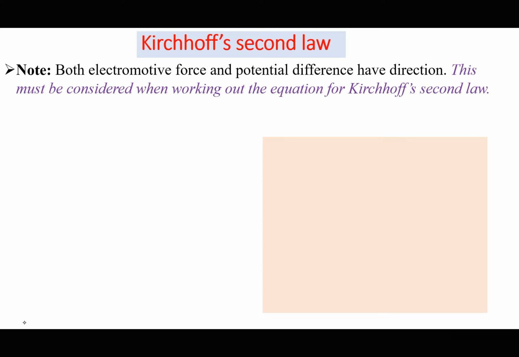In order to apply Kirchhoff's second law, we are going to assign sign allocations to the PDs and to the EMFs in the circuit. Both EMF and the potential difference have direction, and this must be considered when working out the equation for Kirchhoff's second law.